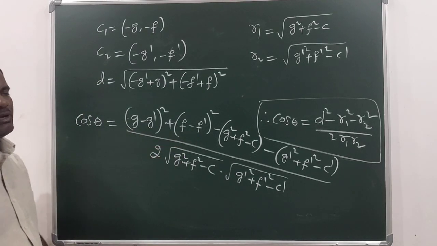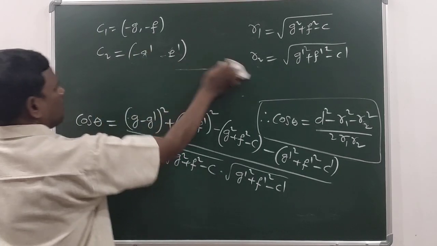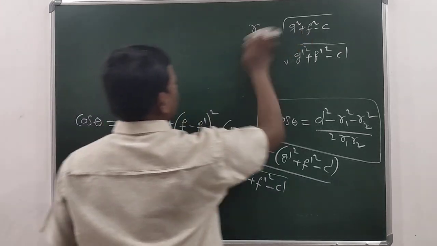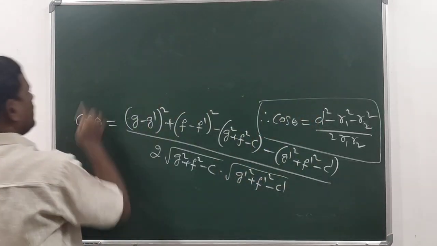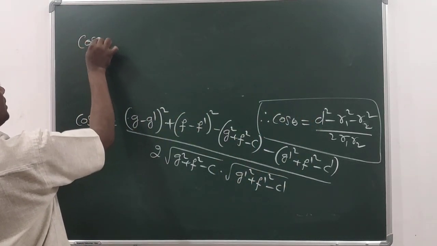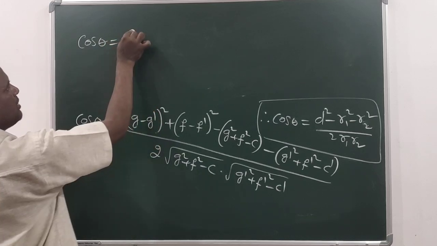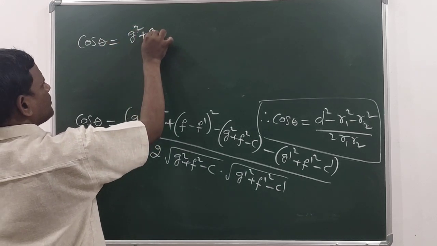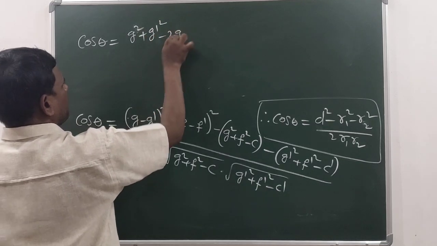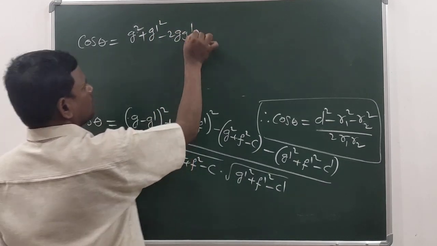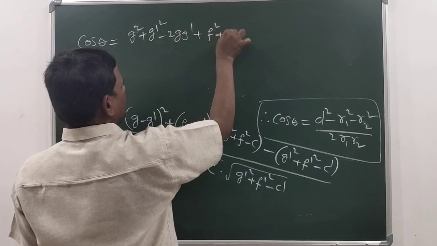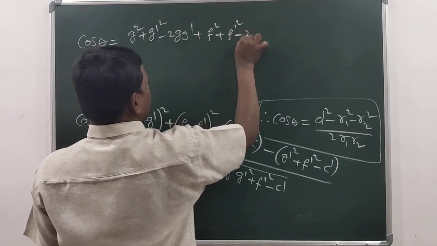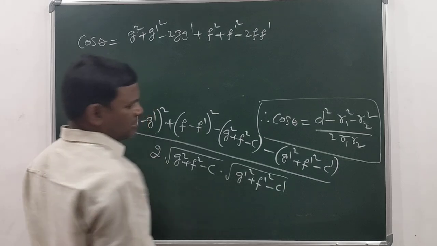Now simplify the numerator. If you simplify the numerator, we get cos theta is equal to, expand it, a minus b whole square, a square plus b square minus 2ab. So this one also, second one, f square plus f dash square minus 2ff dash.